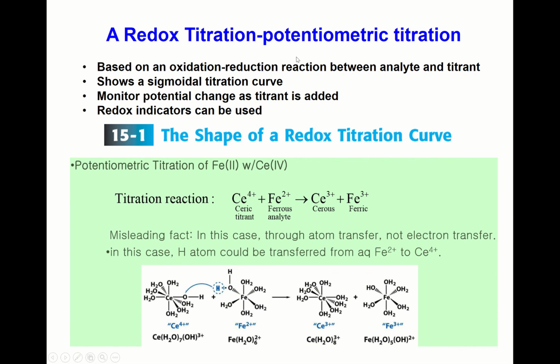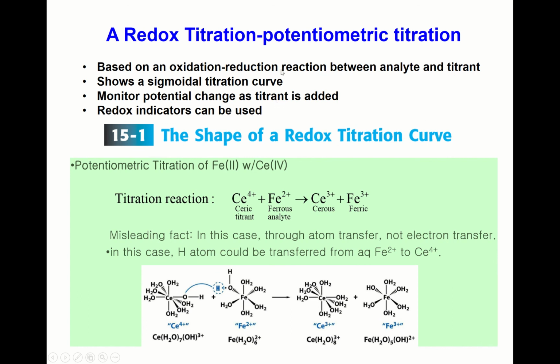All right. There are many commonalities between redox titration and acid-base titration. Both show a sigmoidal titration curve. You'll see soon, a very nice curve. And instead of monitoring pH, in redox titration you monitor potential change as titrant is added to the analyte.